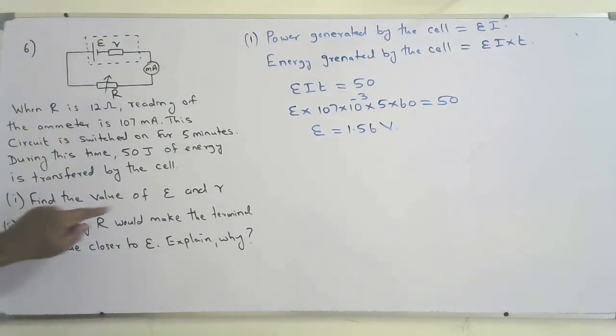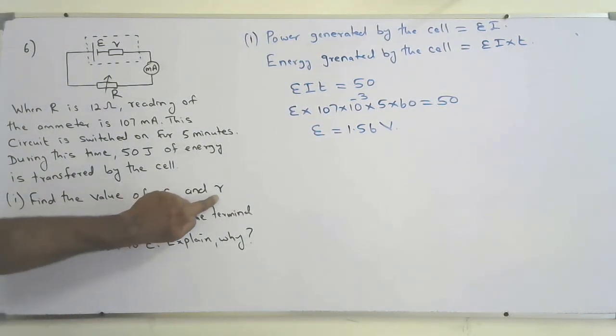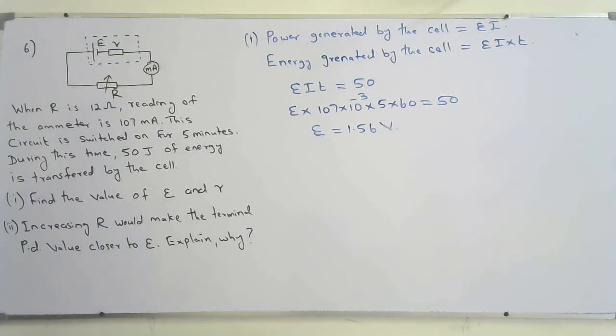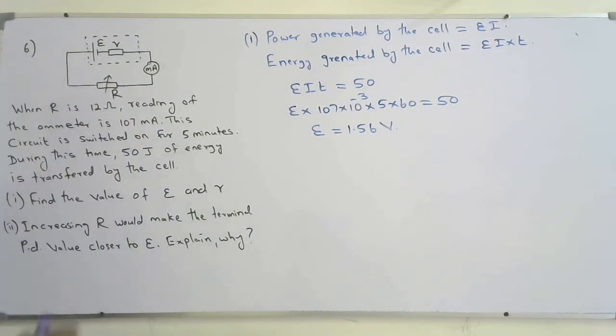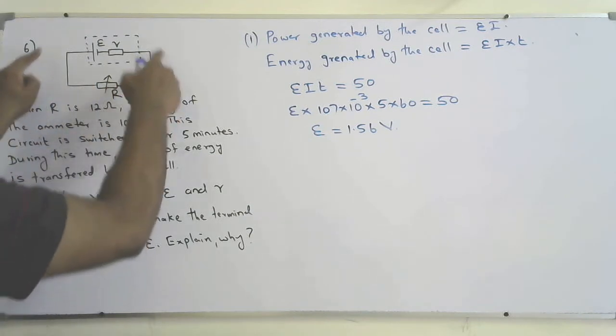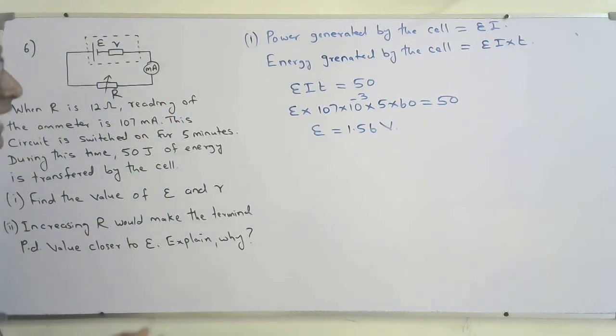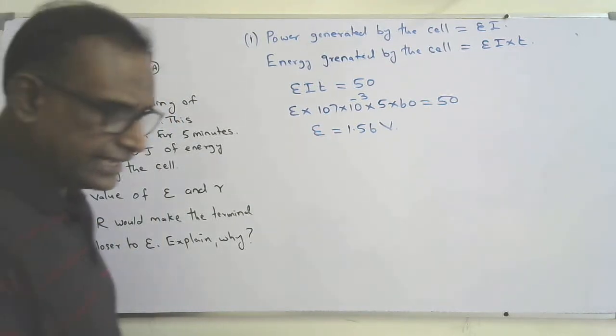Okay, so the next part, the same question, find the internal resistance r. I can find it in different ways. I can find the voltage across capital R by using V equal IR, that is the terminal potential difference. So different methods I can follow.